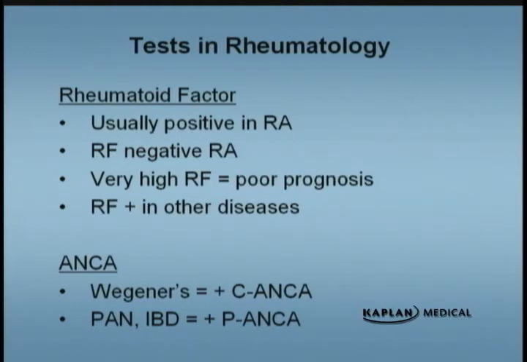So a rheumatoid factor may help me in the diagnosis of rheumatoid arthritis. A negative one doesn't exclude the disease, but if I find a very high rheumatoid factor, that is likely a poor prognosis. I'm going to really start treating that patient aggressively. Also, I don't want to mix up people, but rheumatoid factors are positive in other diseases. Like, for example, we could find them in osteomyelitis, right?